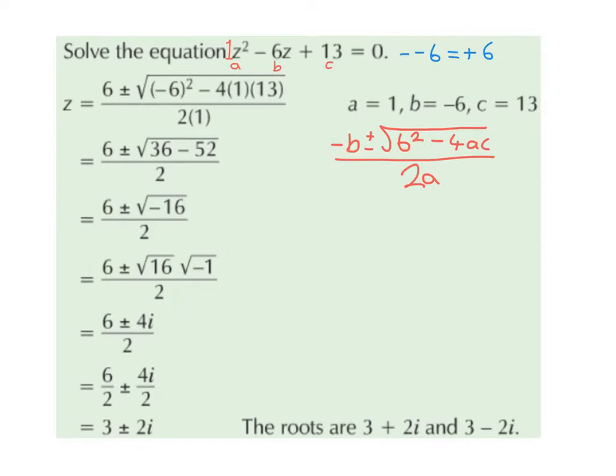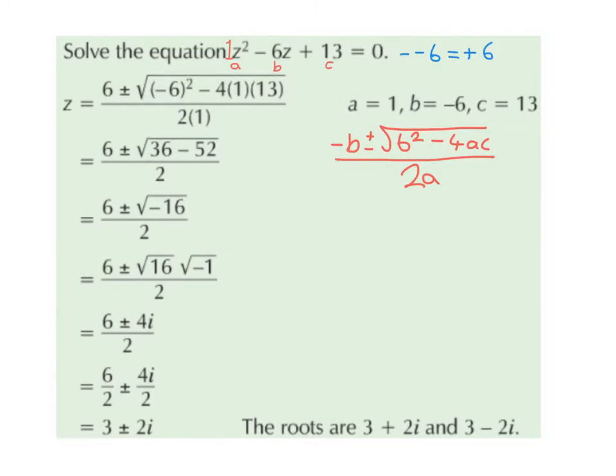Then we have b squared, which in this case is going to be bracket minus 6 bracket squared, because our b is minus 6. Then we have minus 4, multiplied by the a, which in this case is 1, and then multiplied by the c, which in this case is 13. That's going to be divided by 2a, which is going to be 2 multiplied by 1, because the a value is 1.